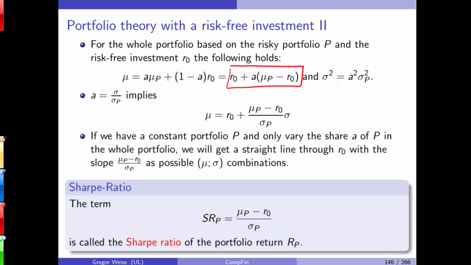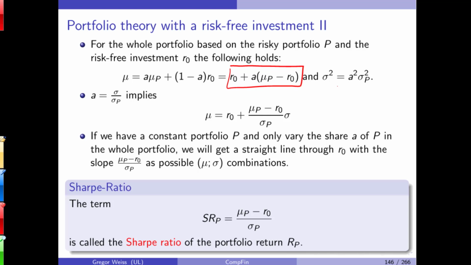If we now take the second equation, rearrange it, and get A equals sigma divided by sigma P, and insert it into the definition of the expected return of the portfolio, we get: the expected return on the full portfolio is equal to the risk-free rate plus the expected return on the risky portfolio, on the market, on the index, minus the risk-free rate, divided by the portfolio standard deviation, times the volatility.